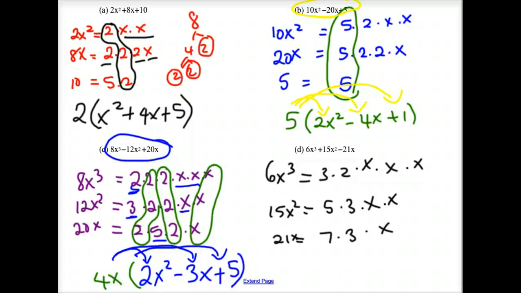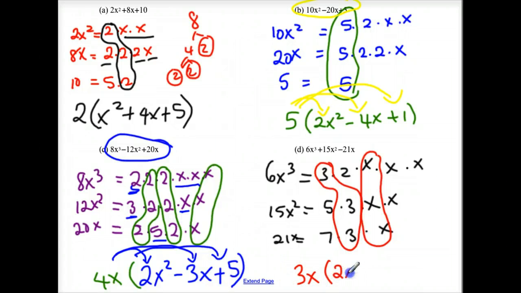Now, what do these have in common? These actually have a 3 in common, yep. These have also an x in common. Anything else? Remember, all three of them have to have the same thing in common. So this becomes 3x. What's left over? 2x squared plus 5x minus 7. And that's my final answer.